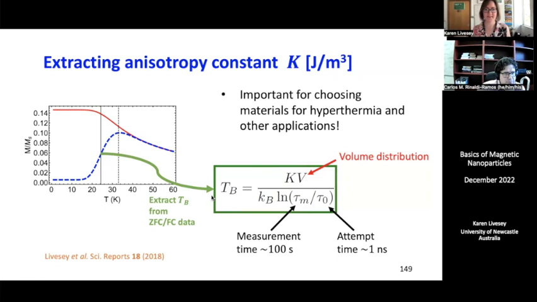So to bring it all back together, we measure the mean blocking temperature using this technique. All the rest are constants we know, and so therefore we can come up with the anisotropy constant. We do have to have a feeling for the volume to do this. And so that's why we typically have to have done some measurement of the magnetic volume using some other technique in order to isolate K here.